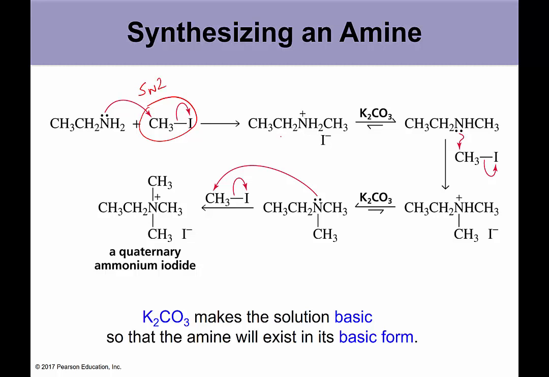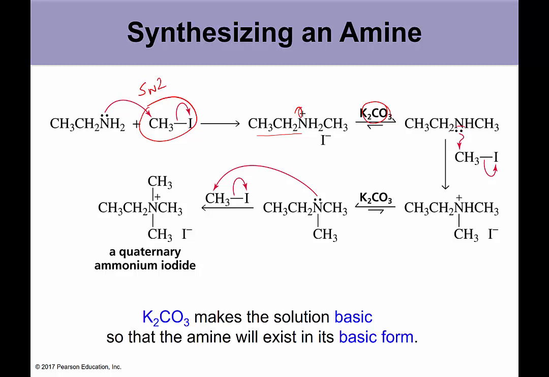And you end up getting a substituted amine. And you have the iodine as the leaving group. Now, you'll notice that this group is protonated, and as a result, they use a base like potassium carbonate. Sometimes they'll use solvents that have basic properties like pyridine to remove the excess hydrogen.